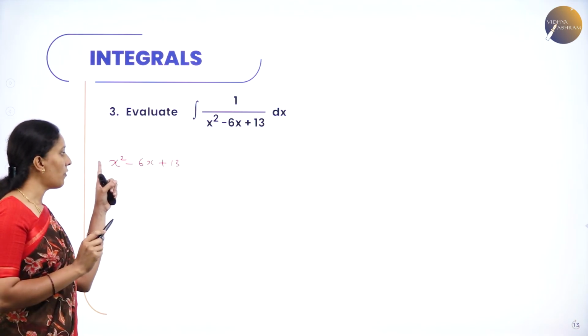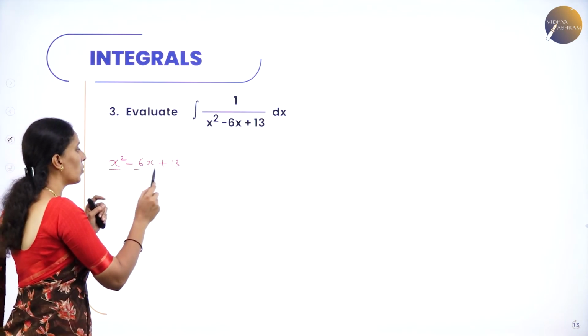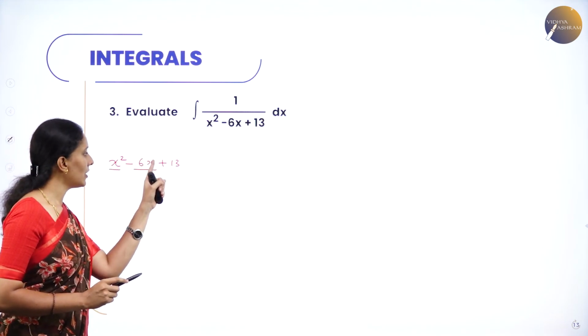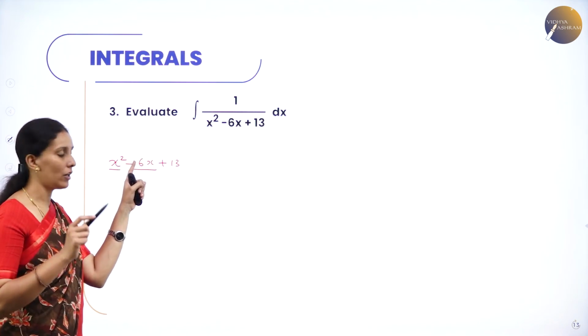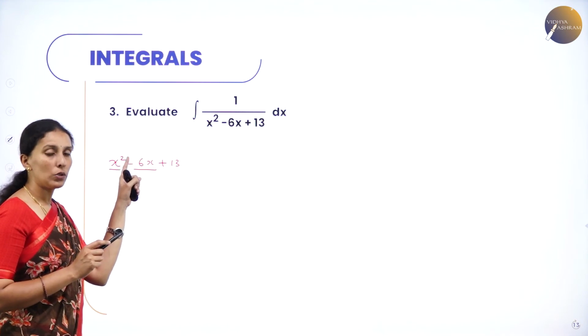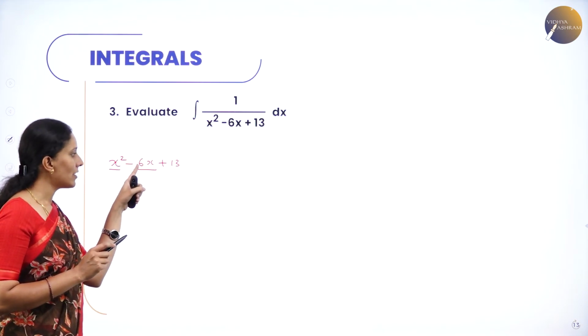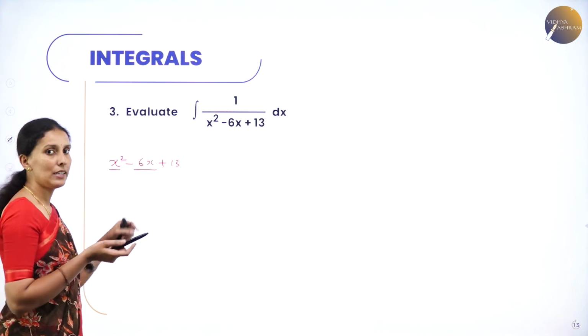Now here I have x square minus 6x plus 13. So take this in the form of a square minus 2ab. If you observe this in the form of 2ab, you have 2x. Along with that, you need 3 to become 6. 2 3s are 6. That means 2 is there, and you can take 3 as a factor.